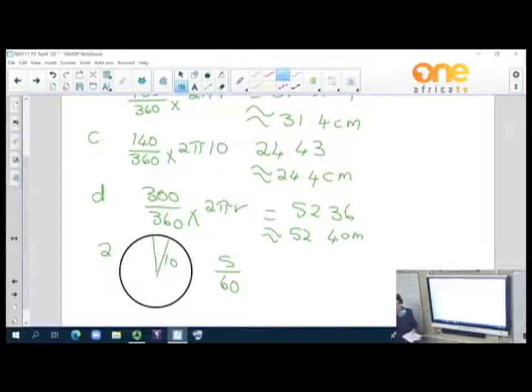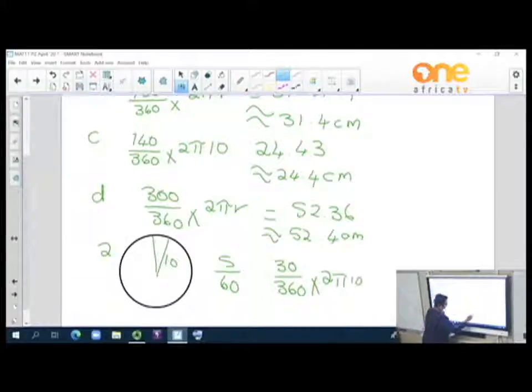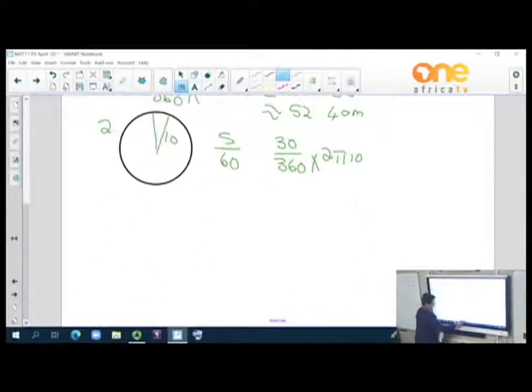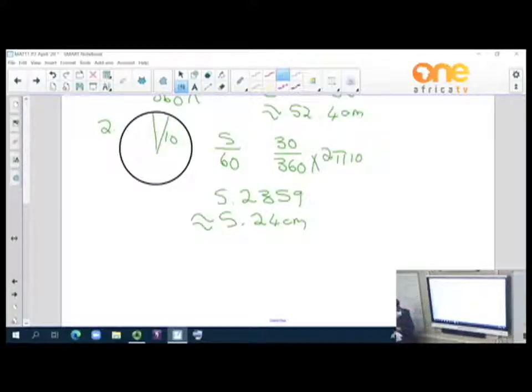It's then the 5 minutes out of 60 minutes. So it's then 30 out of 360 of 2 pi 10, the radius is still 10, and then what is this one's arc? 5.2359, which is 5.24. It rounds off to 5.24 centimeters.